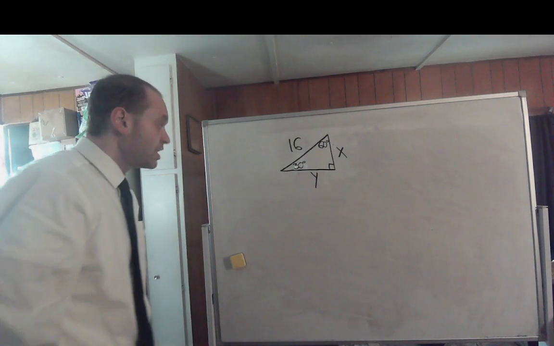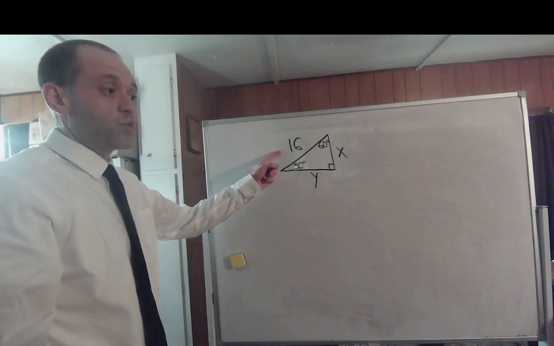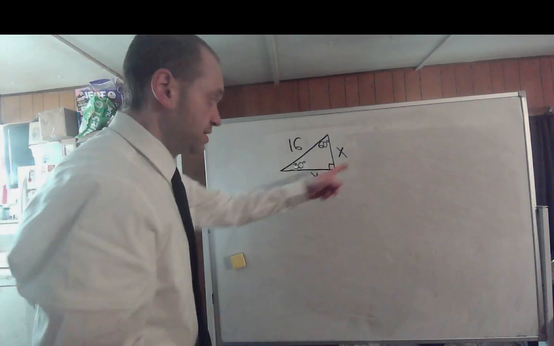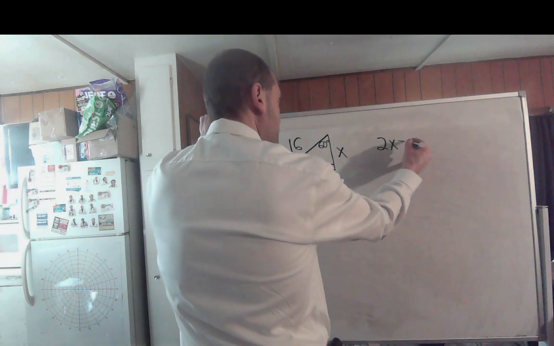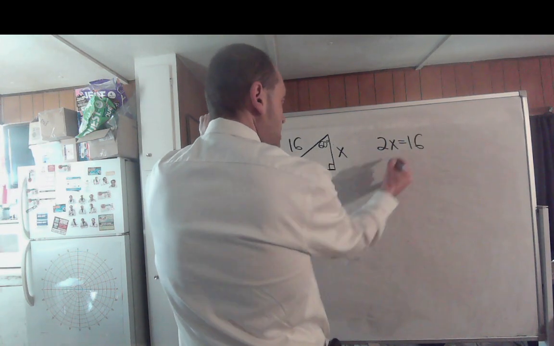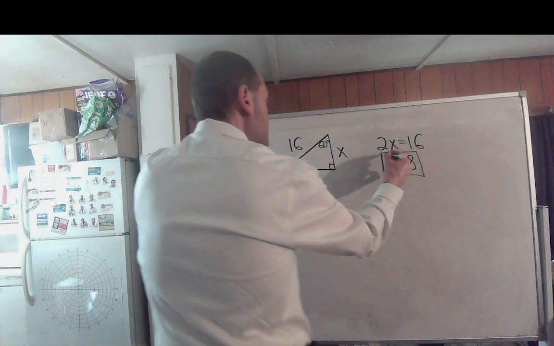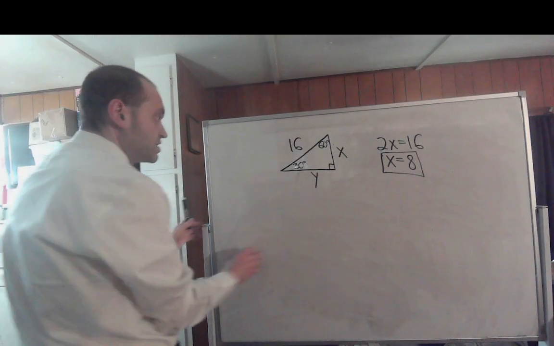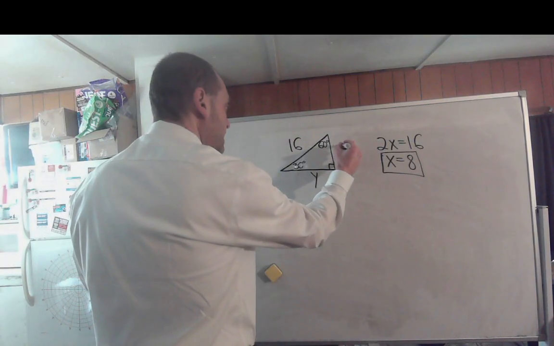Well, again, the hypotenuse is always twice as long as the leg opposite the 30-degree angle, right? So that means 2 times x would equal that 16, which means that x would just have to have a length of 8. So that one wasn't so bad. So let me put that in green since we solved for it. So x would have a length of 8.